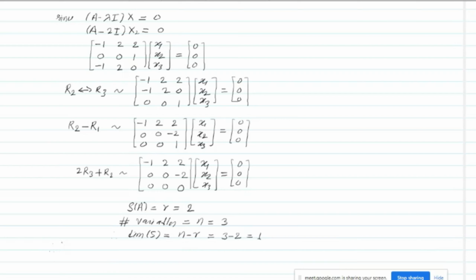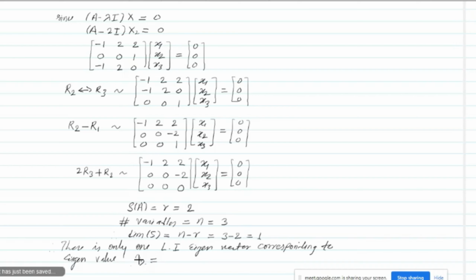So just write down, therefore there is only one linearly independent eigenvector corresponding to eigenvalue lambda 2 equal to 2.